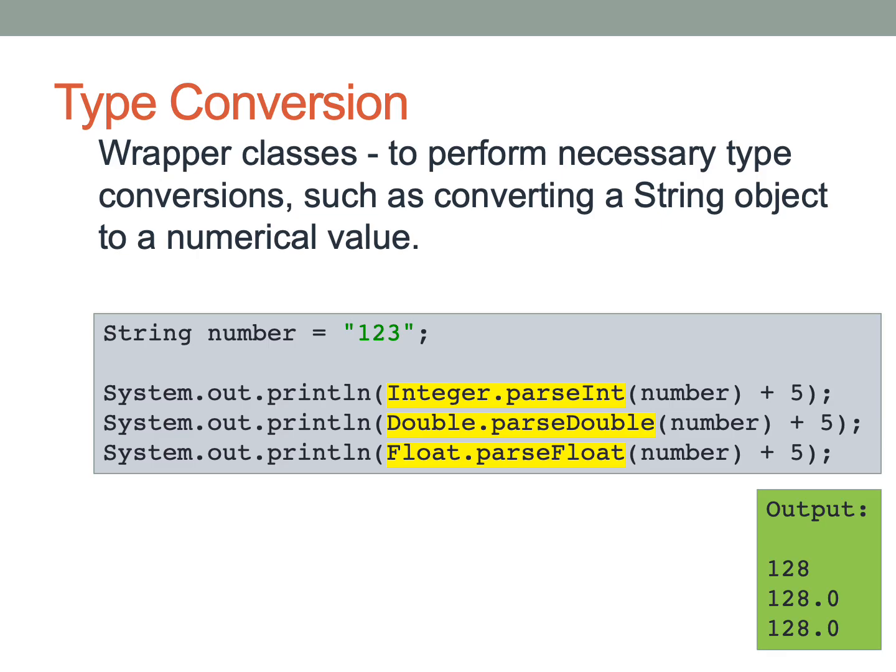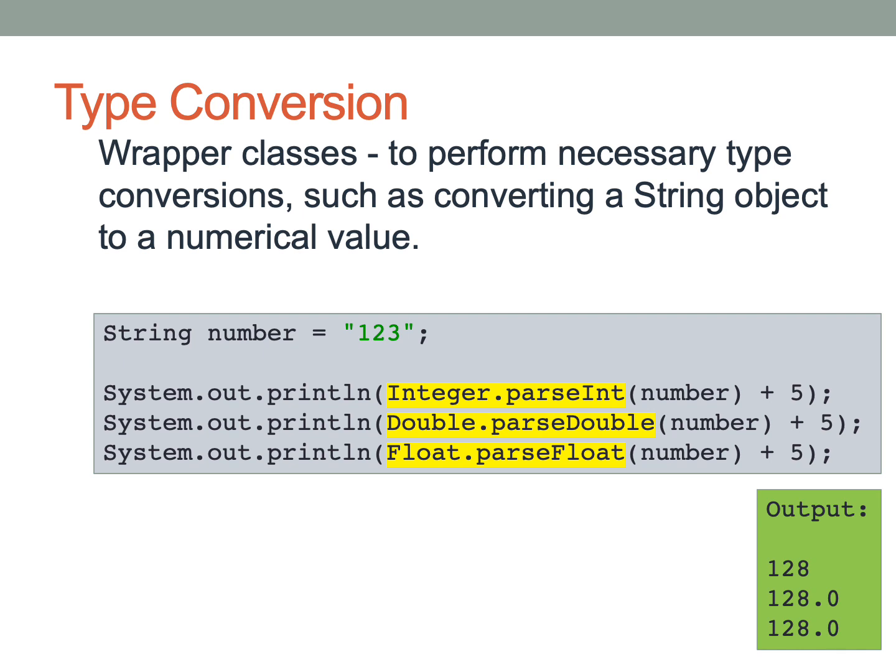Say that we have String number equal to "123" in double quotes. Can we use this number to do any addition? To perform the addition, we need to change our string into an int, for example. This is where wrapper classes come in. Wrapper classes perform necessary type conversions such as converting a string object to a number.